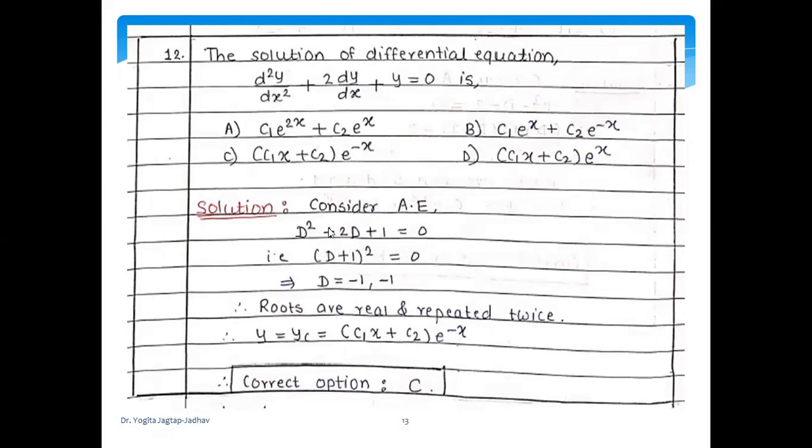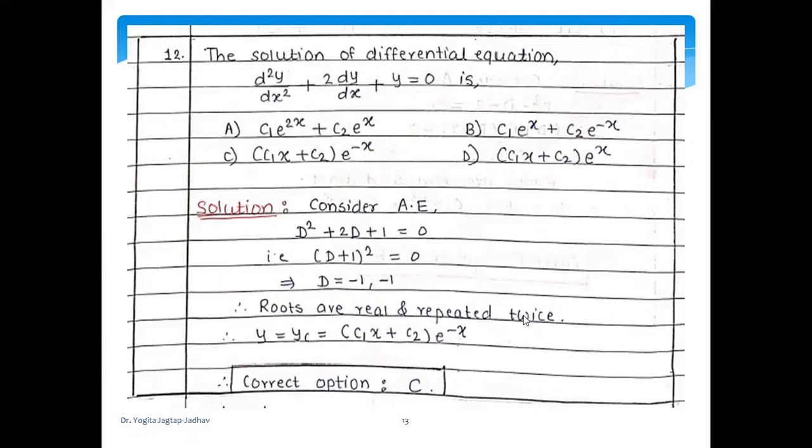This equation represents the square of D + 1. Therefore, we have (D + 1)² = 0. This gives us D + 1 = 0 two times. Therefore, here we have D = -1 as a root. Therefore, the roots are real and repeated twice.